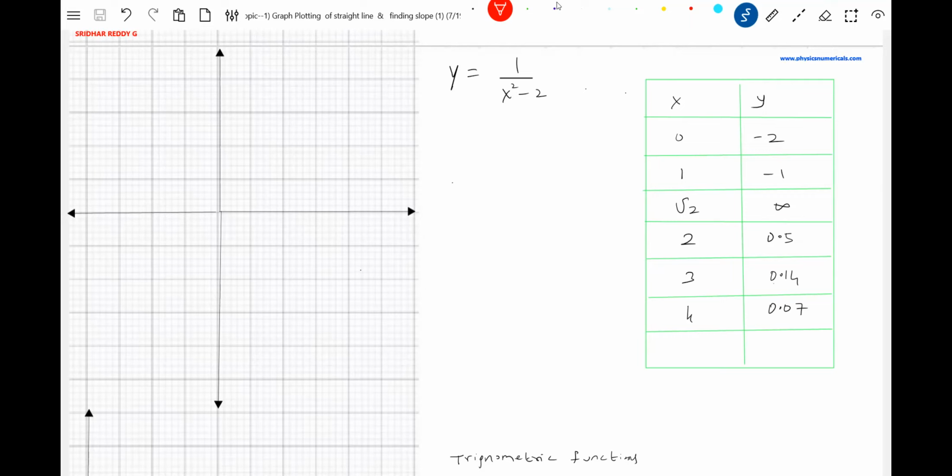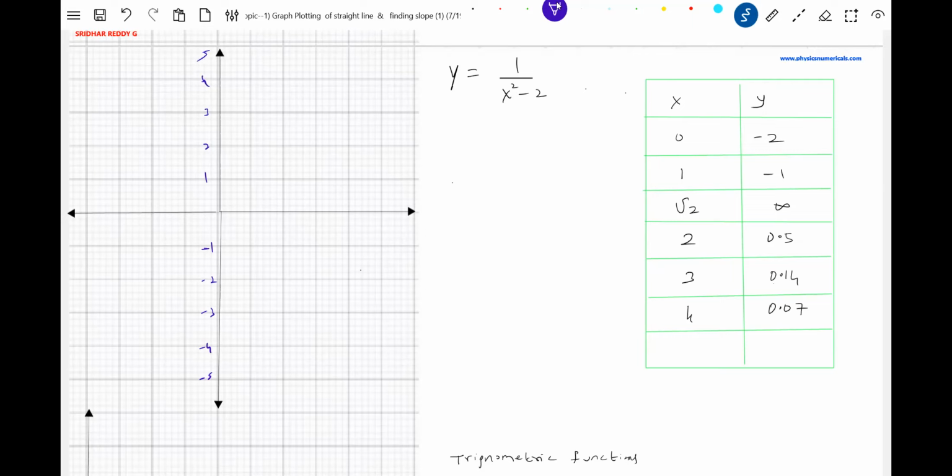At x equal to 0, it will be minus 0.5. I didn't write even values so that I can explain things clearly. We will take minus 1, minus 2, minus 3, minus 4, minus 5, and on this side 1, 2, 3, 4. I think this will be sufficient.